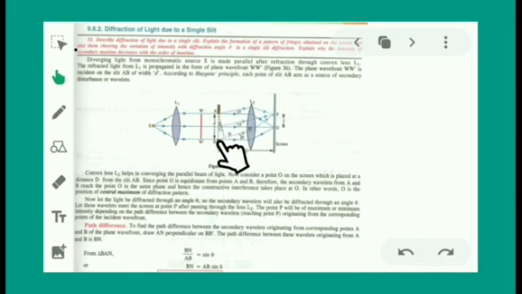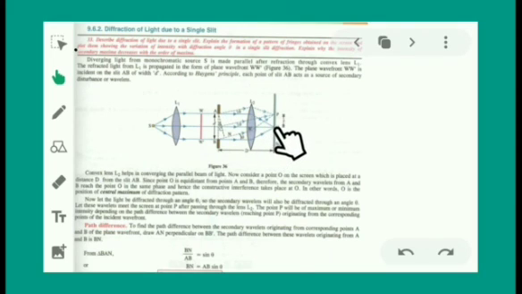We don't have so many sources. But each and every point on this slit, that is each and every point on this wavefront, acts as a source of secondary wavelets, and it sends out wavelets in the forward direction.